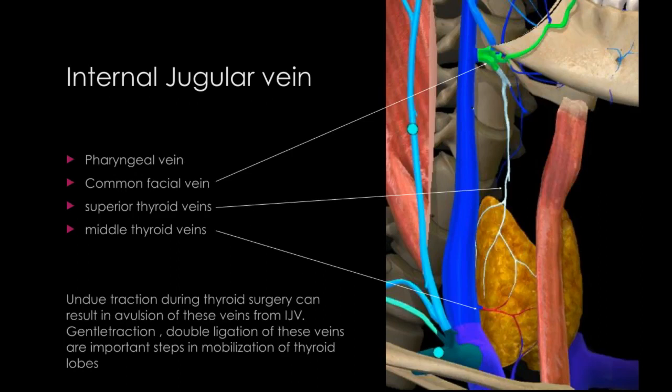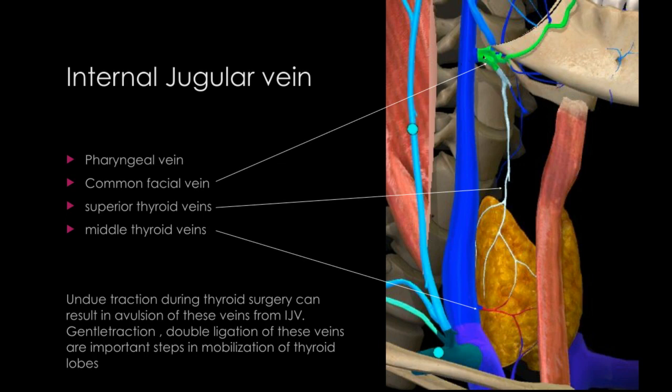I said earlier it mainly drains the blood from the brain, but there are certain peripheral veins as well which drain into the internal jugular vein, and they are of high importance during surgery, such as the pharyngeal vein and the common facial vein. This is the facial vein, as you can see, going above.